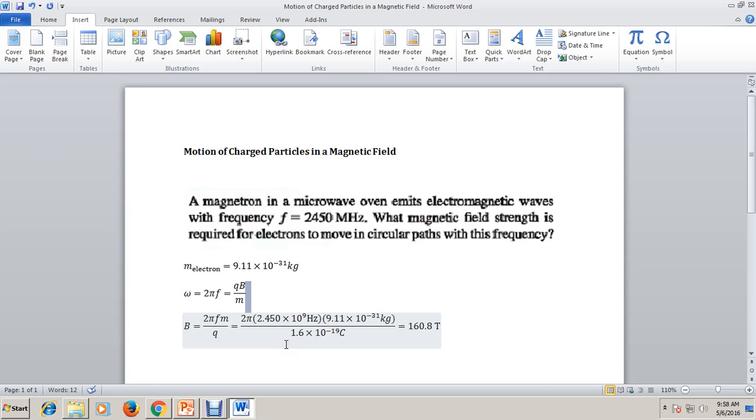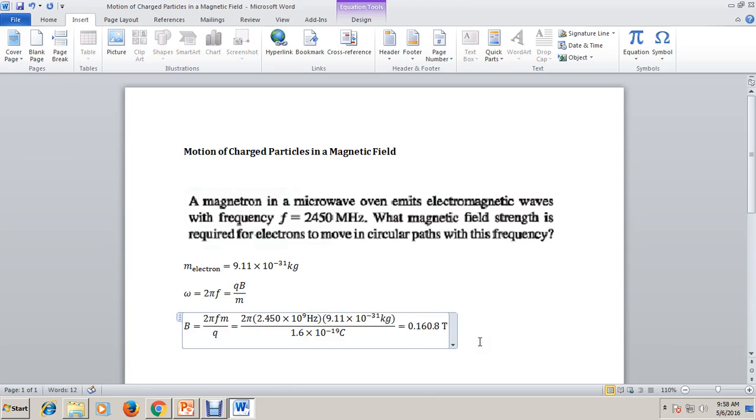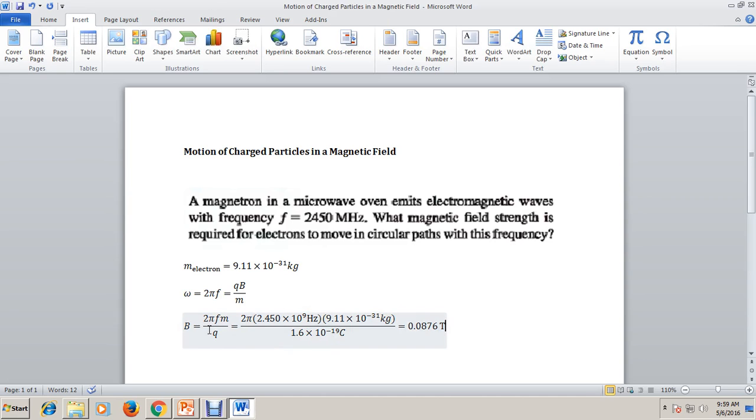Let me try that again: 2.450 exp 9 times 9.11 exp negative 31 over 1.6 exp negative 19. The answer is actually 0.0876 Tesla. This is the strength of the magnetic field produced by the magnetron in a microwave oven.